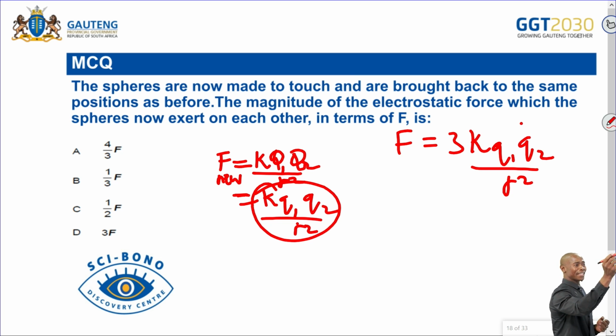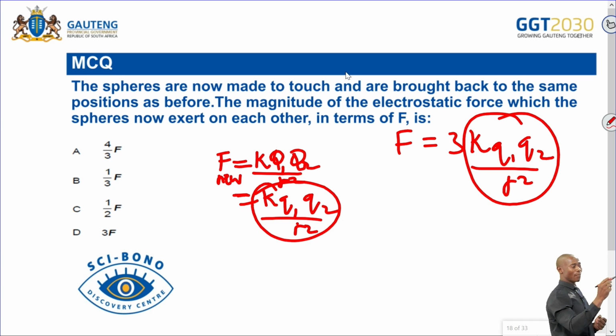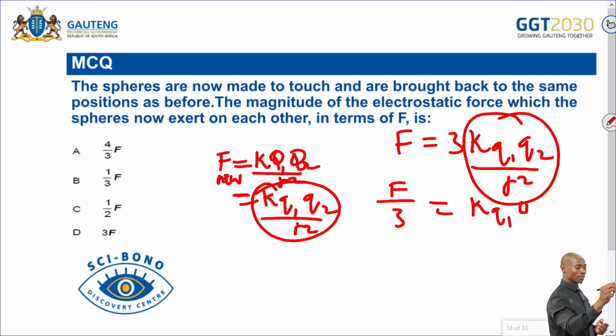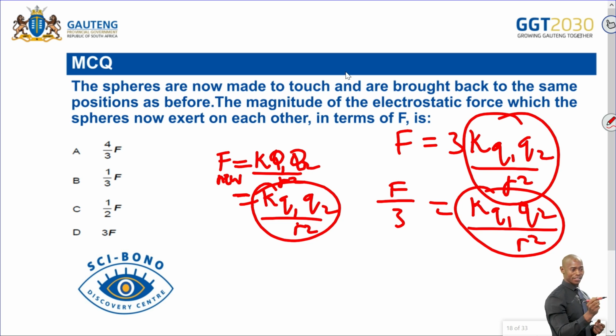If I make KQ1 Q2 over R squared the subject of the formula, I will divide by 3, so F over 3 equals KQ1 Q2 over R squared. So where there is KQ1 Q2 over R squared, I can substitute by F over 3.